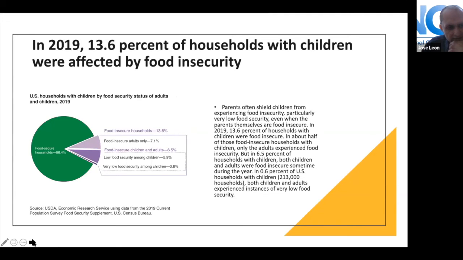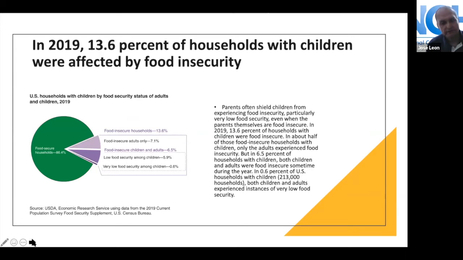Now, in 2019, again, almost 14% of households with children were affected by food insecurity. This is another important issue to discuss when we have patients with diabetes.